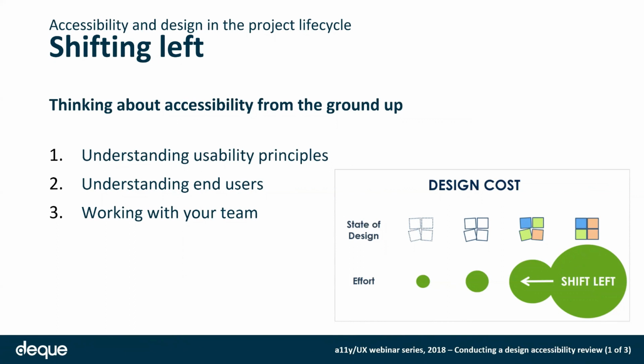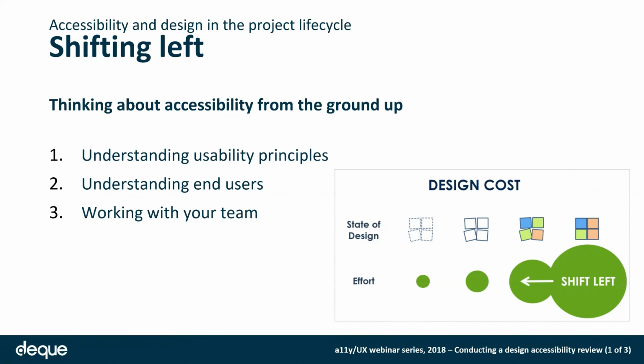So looking into usability principles, understanding the users that we're working with, what their realities might be, particularities that they may have, challenges they may have, and so on and so forth. And then working with the entire team to make sure that people understand what the expectations are throughout the project, but also from the very early phases, like I said.